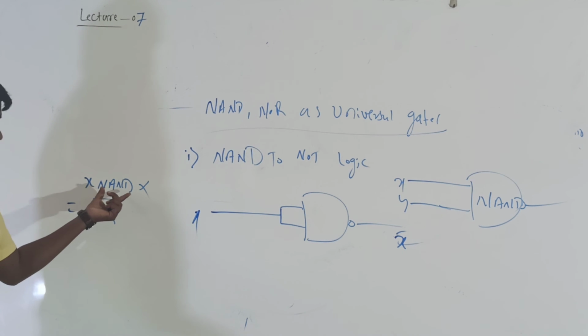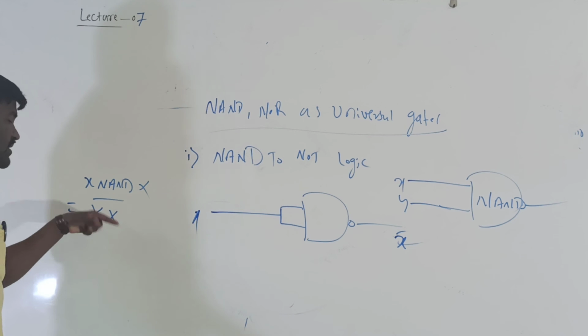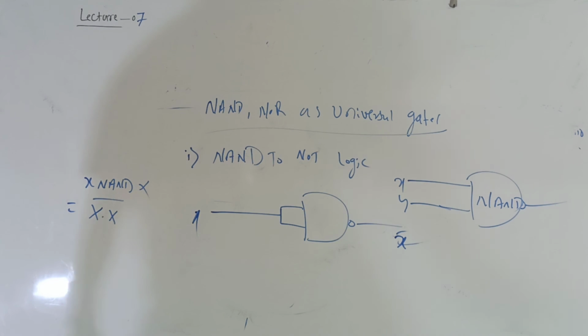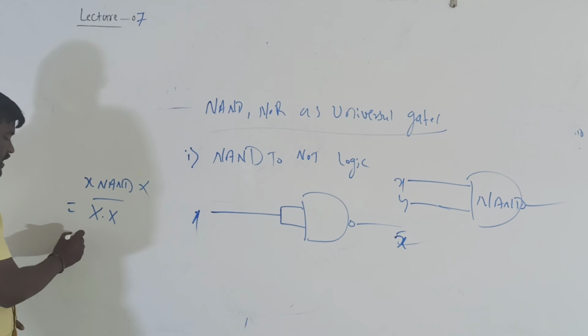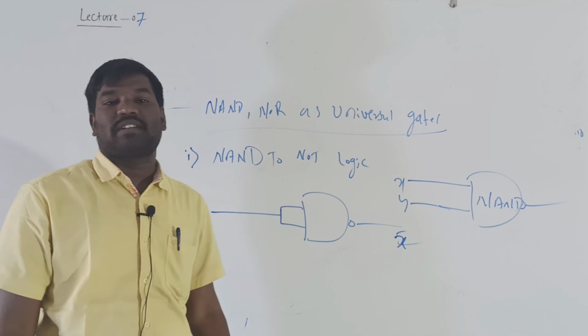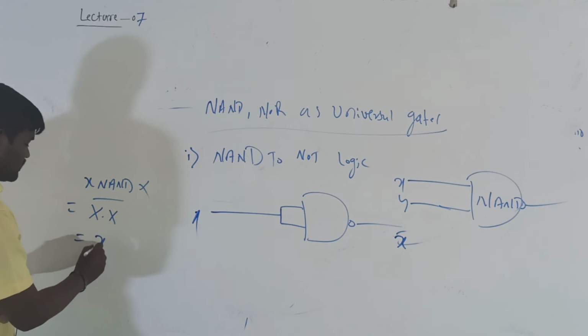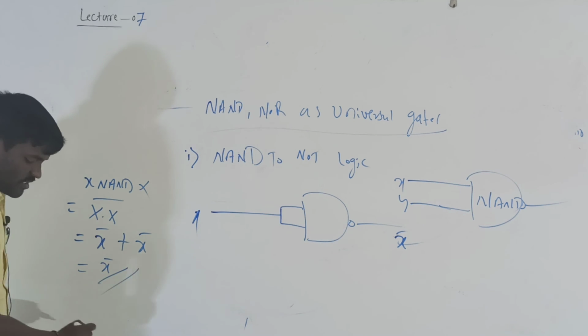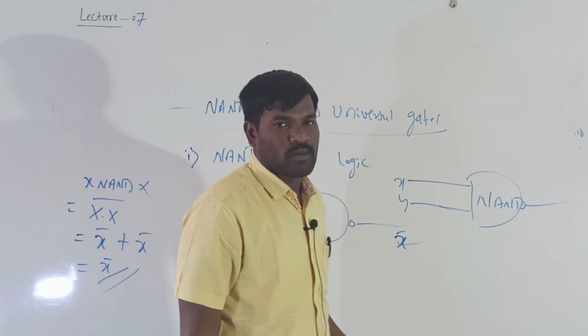NAND means not of AND, that is X into X whole bar. Okay, so now we have to apply De Morgan's theorem. X into Y whole bar is equal to X bar plus Y bar. Finally, X bar plus X bar. Finally, we will get the result as X bar only. See here, the result is X bar.